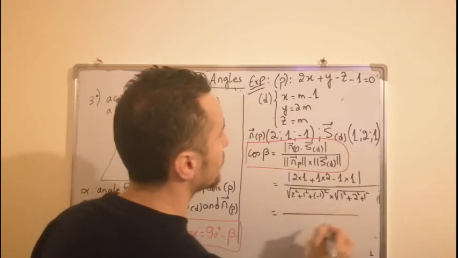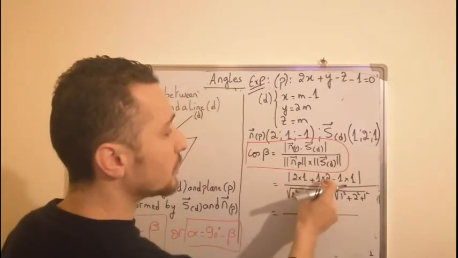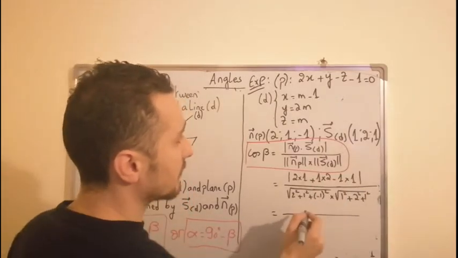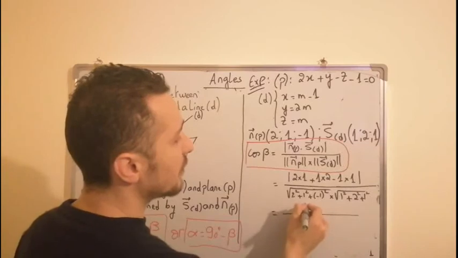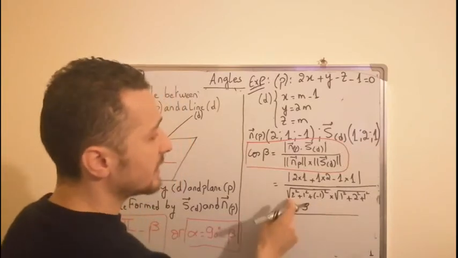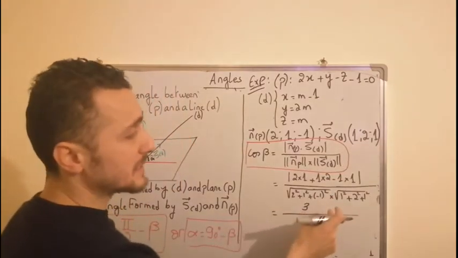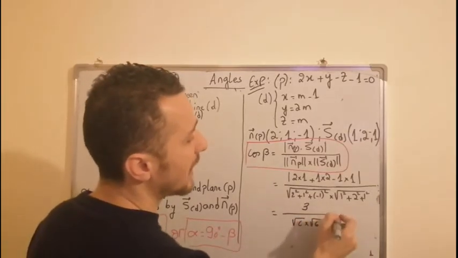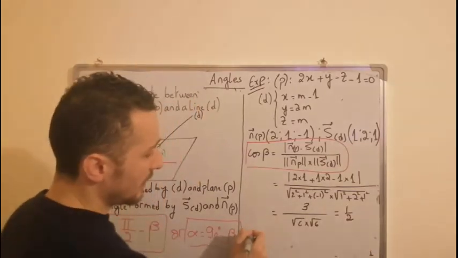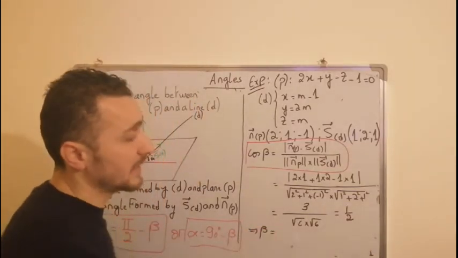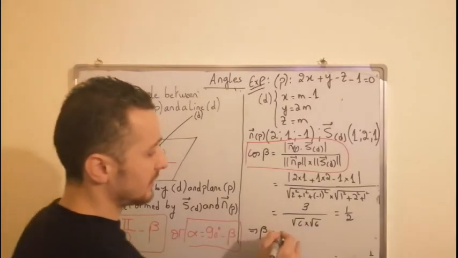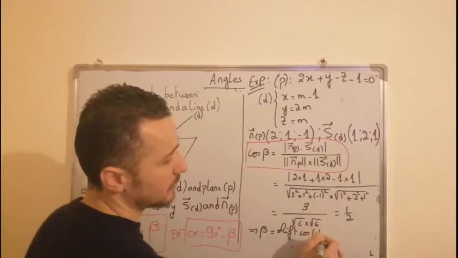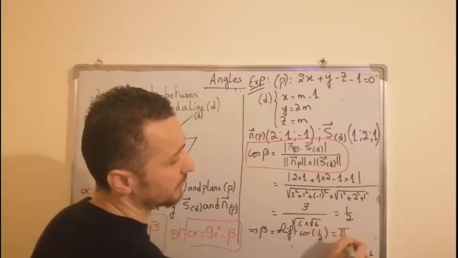So it's equal to 2 plus 2 minus 1, which equals 3. Absolute value of 3 is 3, over radical 6 times radical 6, then it's equal to half. This implies beta equals arccos of half. Using my calculator, it's equal to pi over 3.